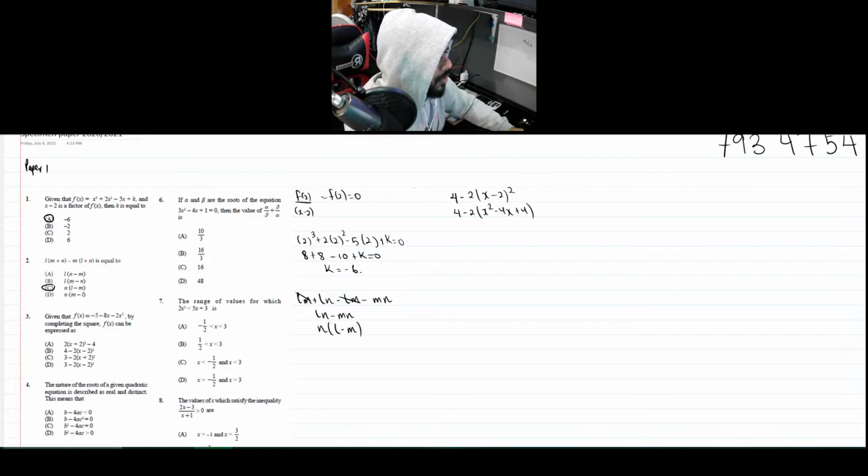I get my minus 2x squared, and I get minus 2 by 4 is minus 8. 4 minus 8, negative 4. Again, I get a minus 5 by B. C, 3 minus 2 into x plus 2 squared. 3 minus 2 into x squared plus 4x plus 4. I get my minus 2x squared, I get my minus 8x, 4 2s are 8, and 3 minus 8 is minus 5. So this is the answer, C.